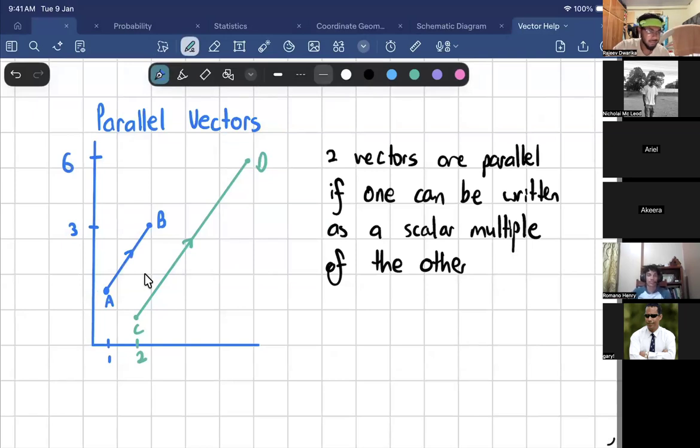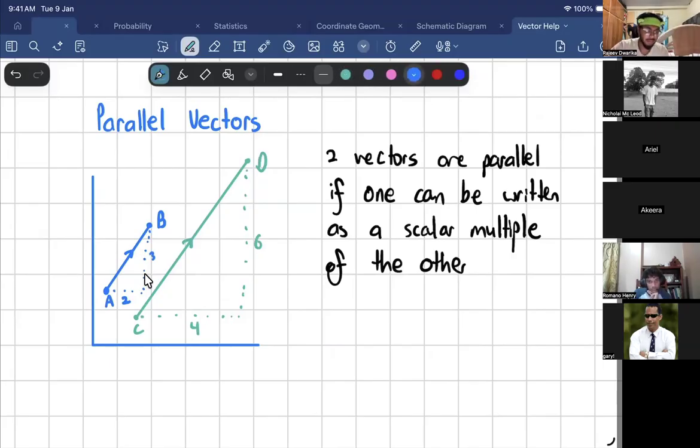Could anybody tell me what vector A to B might look like? It probably can't do that right now because of the diagram, so I could just come up with something quickly. I could say 2 here and 3 here. And for this vector, I could say that this is 4 and this is 6.